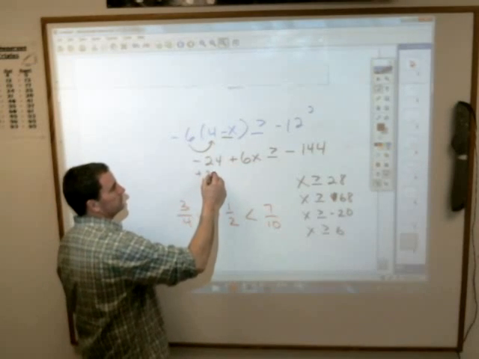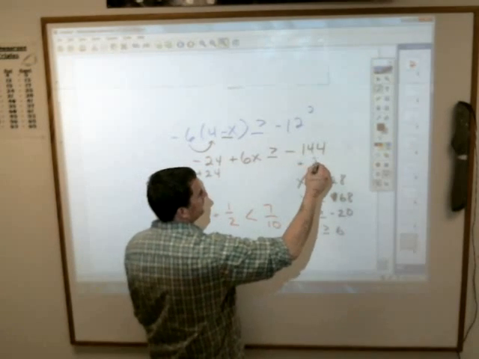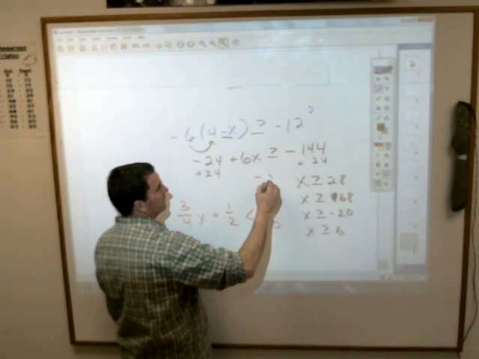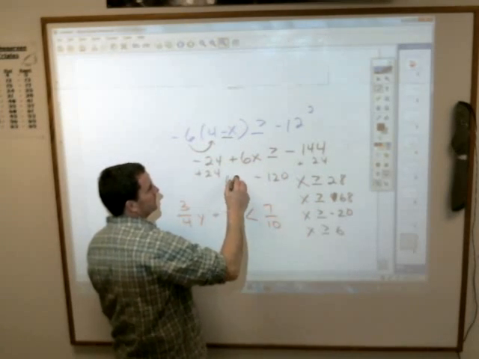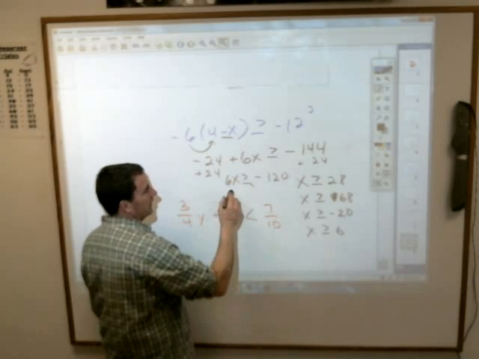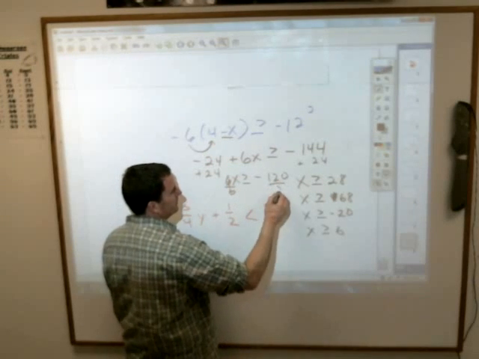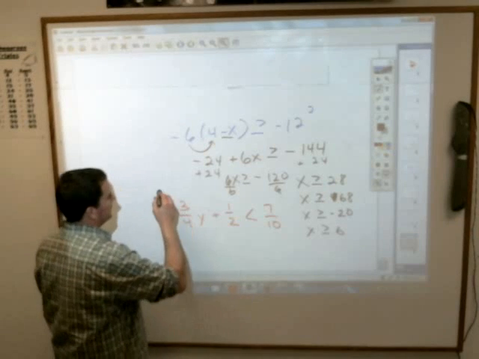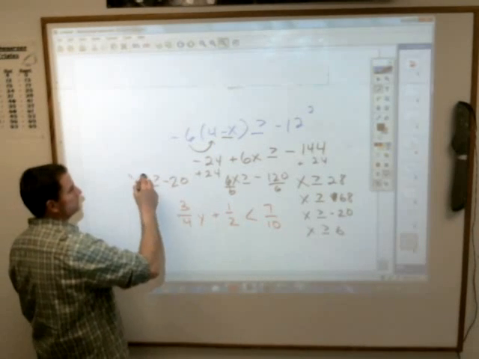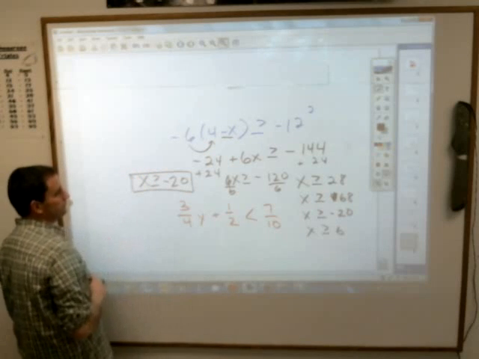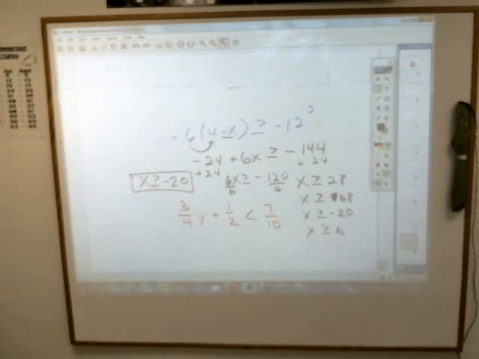Add 24. Looks like you end up with a negative 120. 6x is greater than or equal to that. Divide by 6. x is greater than or equal to negative 20. Should have been the appropriate answer.